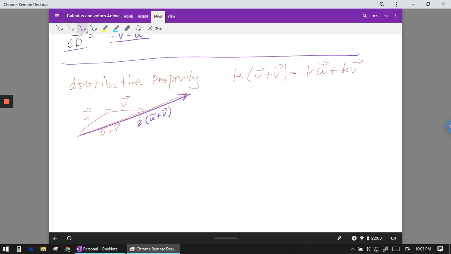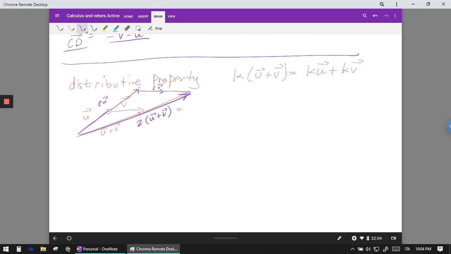But another way of looking at this is if I do u plus another u, plus a v and plus another v, I've basically done the same thing. And what are these purple lines here? This is 2u plus 2v.